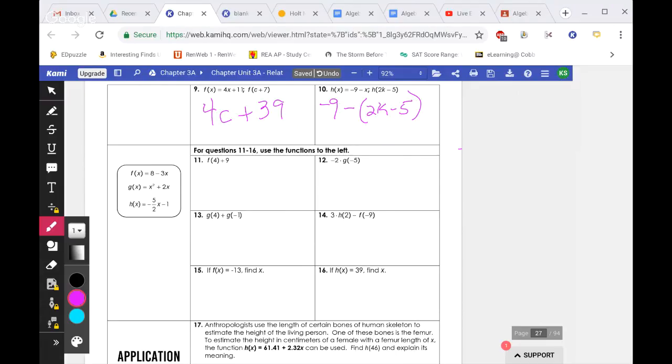So I would have to distribute that -1 to everything inside the parentheses. So once I do that, I've got -1 times 2k, which is going to give me -2k. But on the 5, I've got -1 times a -5, so that's going to be +5. So combining like terms, I have a -9 and a +5. So that's going to give me -2k minus 4 as my final answer for number 10.